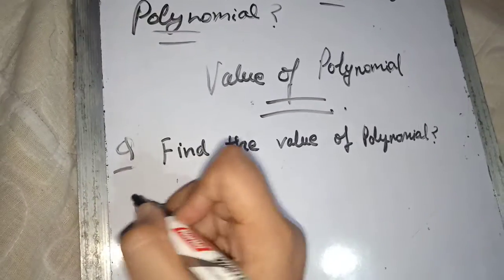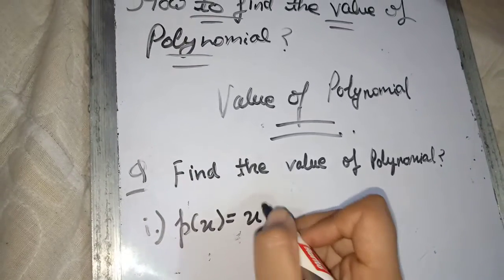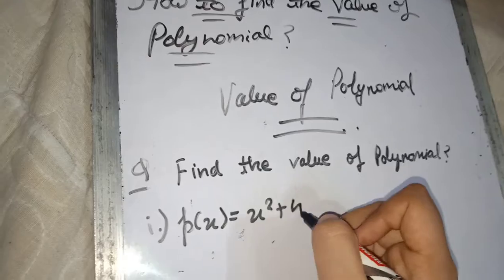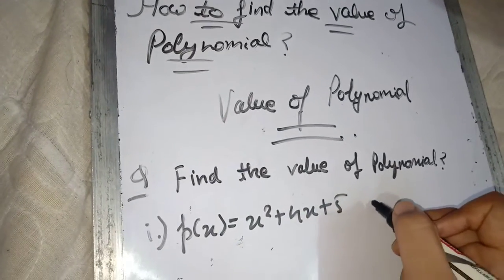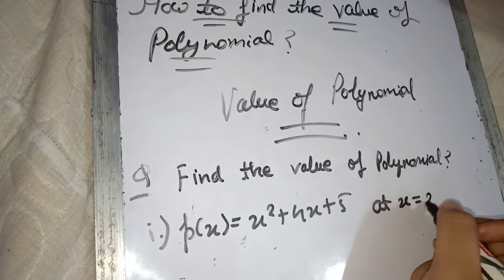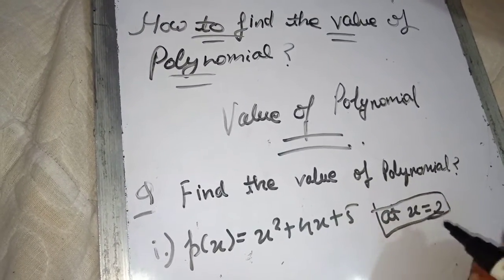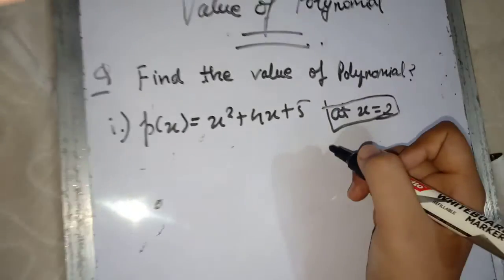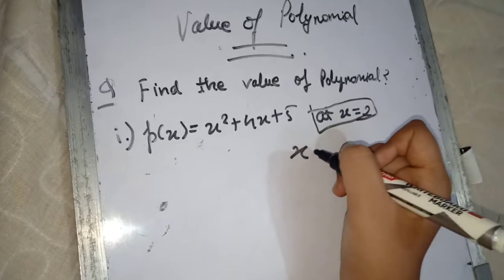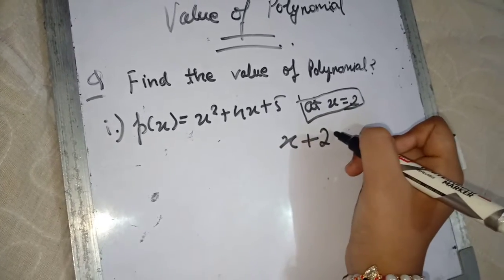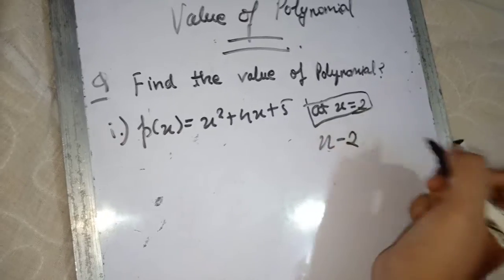So now the first question is that p of x is equal to x square plus 4x plus 5 at x is equal to 2. So it is given that x is equal to 2. Now the question can also come like x minus 2.